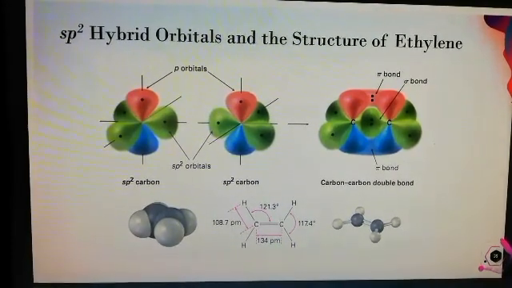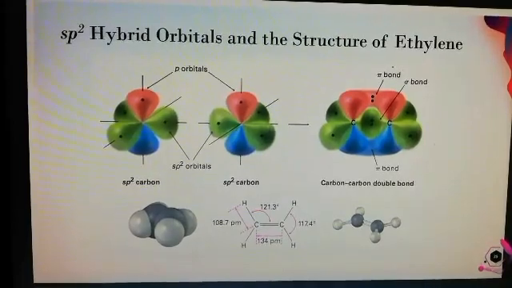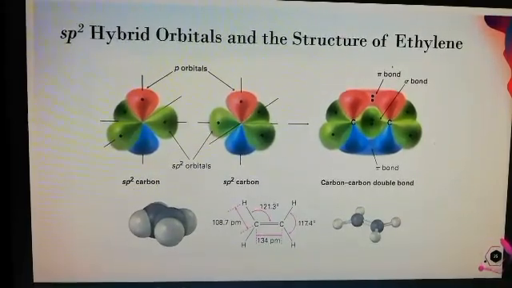When two carbons with sp2 hybridization approach each other, they form a strong sigma bond by sp2 head-on overlap. Ayan, nagkakaroon sila ng overlap dito banda, sa sp2 head nila.